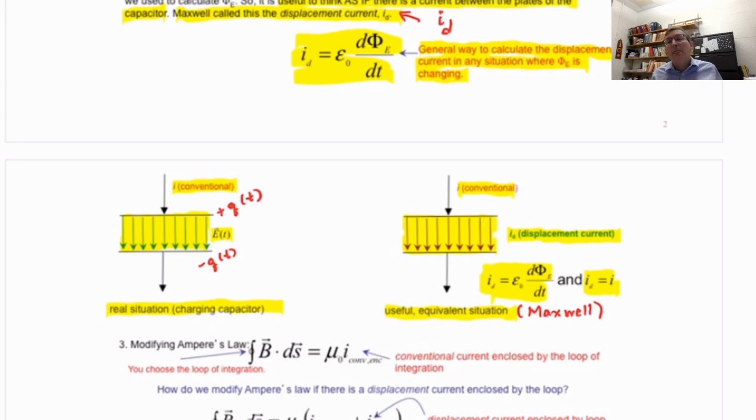An analogy that I will offer to you, if it helps, to think about that situation on the right. I like to think of it sometimes as almost like a plumbing analogy, a water analogy, like in a shower. The top wire is actually a pipe with water coming down. And the top plate is a shower head, one of those big flat shower heads that produces rain in the shower coming down at a steady rate. And the displacement current is all that rain that's coming down from the shower head.